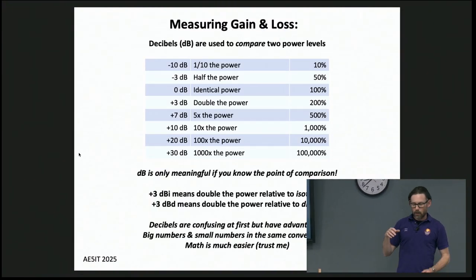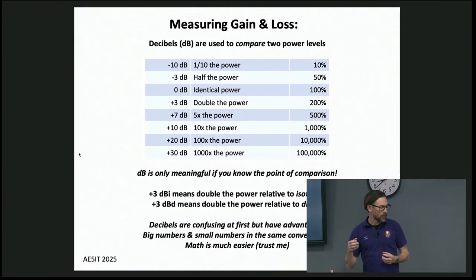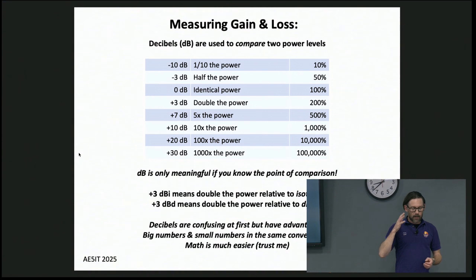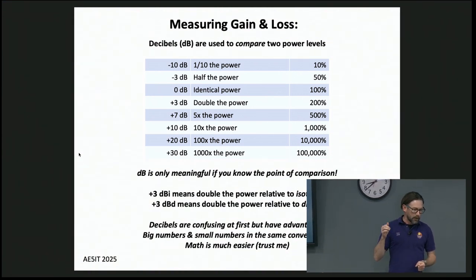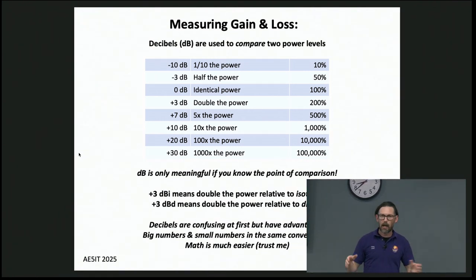We measure those power levels generally with decibels. Decibels are a relative measurement. We use decibels to compare two power levels. So there's no such thing as 7 dB of power. That doesn't mean anything. 7 dB of power relative to what?